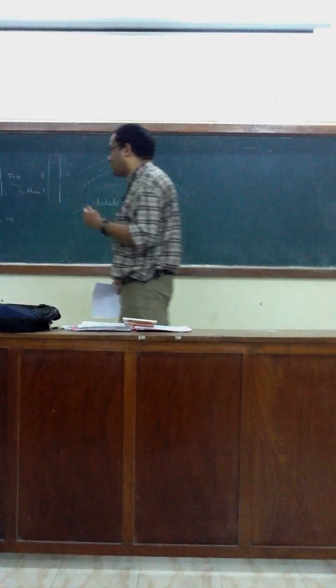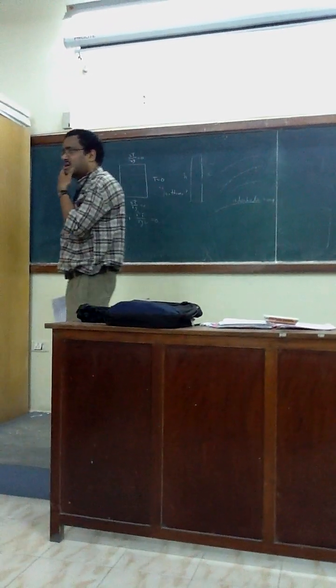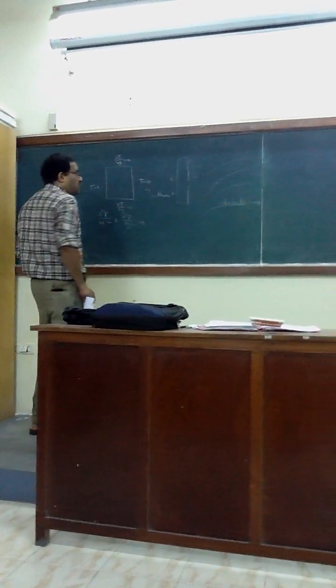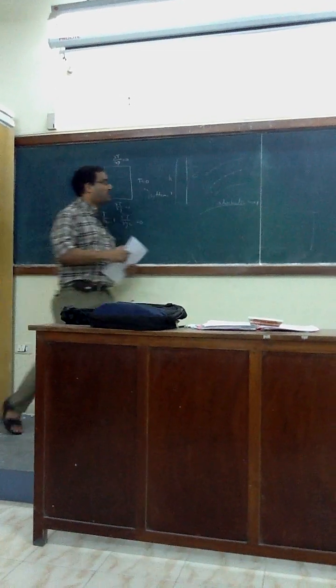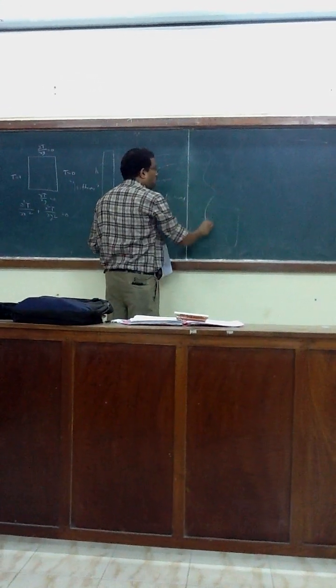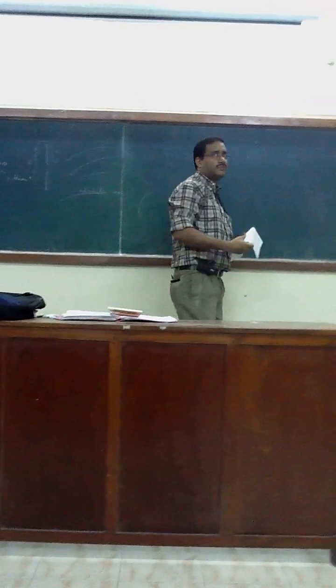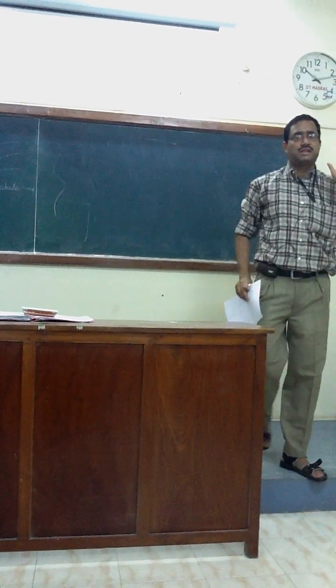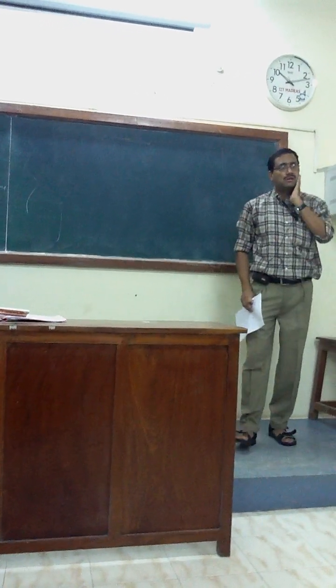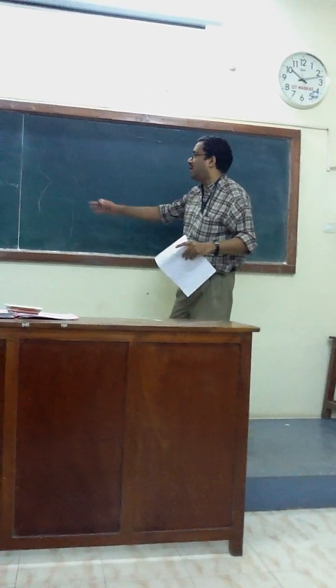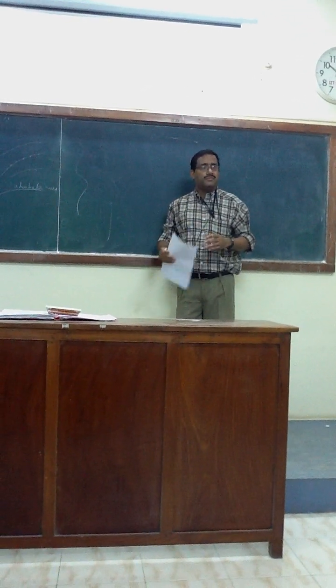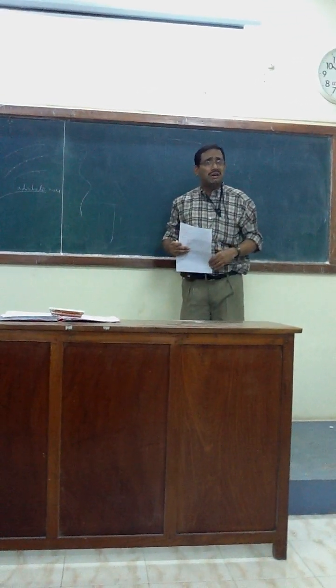Okay, if the heat won't go, then what is the heat flux? How do you define heat flux on a particular wall? If I give a wall, how do you define heat flux? N dot lambda.